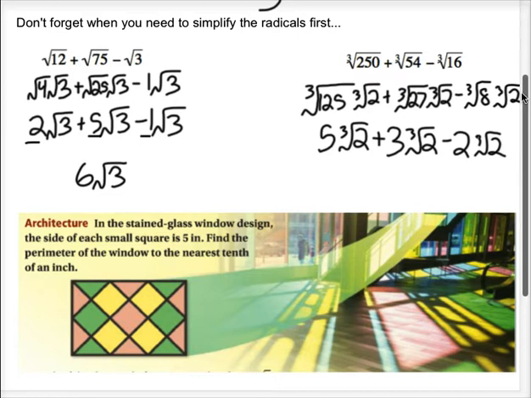So now once again, by simplifying first, all of the radicals are like radicals, and we're going to be able to add and subtract them. So I have 5 plus 3 minus 2 gives me 6. And then you just write out the radical. Remember, the radical doesn't change in these examples.